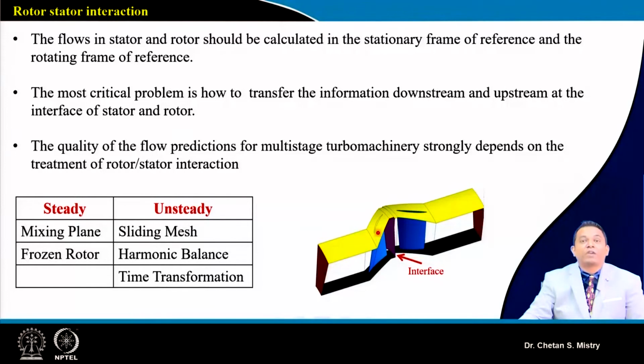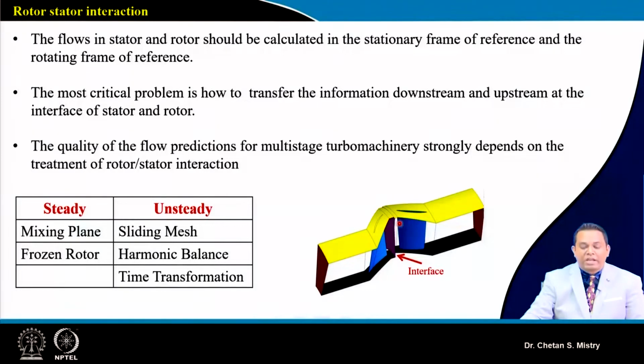Whatever is happening in the flow domain for the rotor, that data needs to be transferred to the stator domain. We know we cannot make a single domain in which we put the rotor as well as the stator, because this works under a rotating configuration and this works under a stationary configuration. That is a very challenging aspect of analysis for those dealing with CFD analysis of turbomachinery stage configuration. This is very challenging.